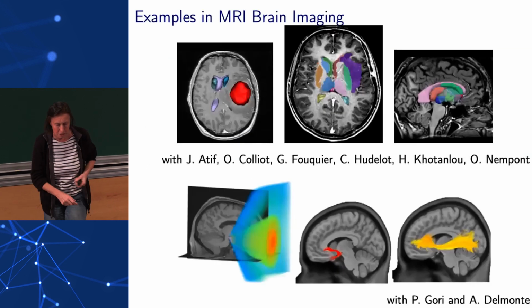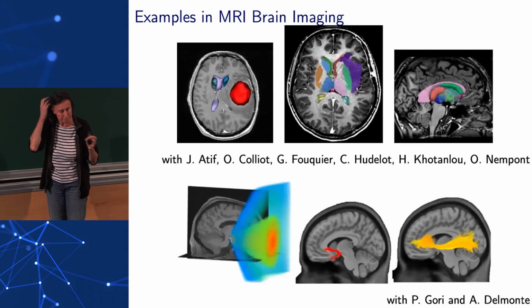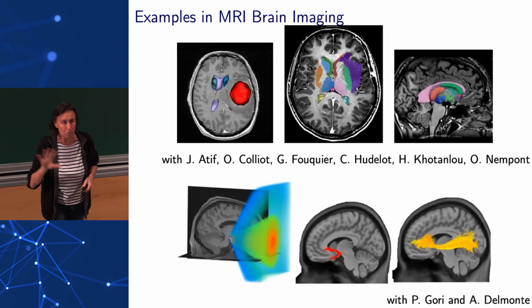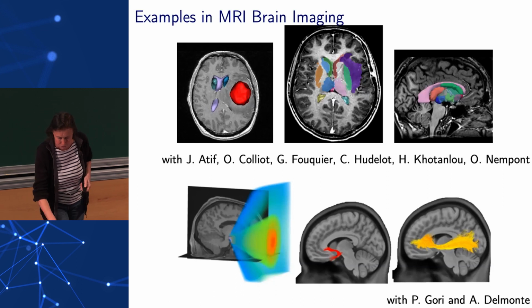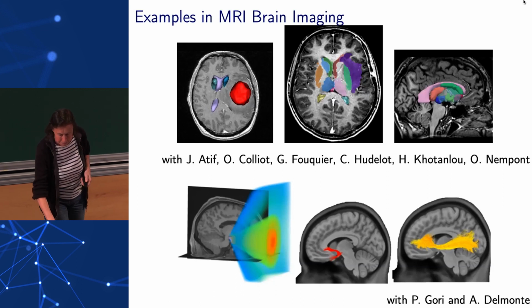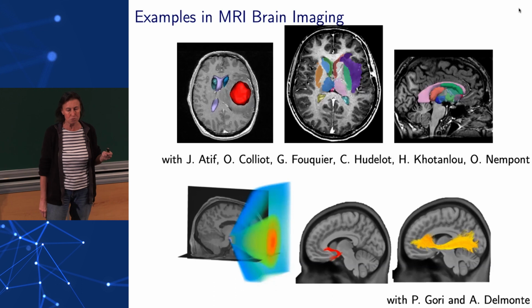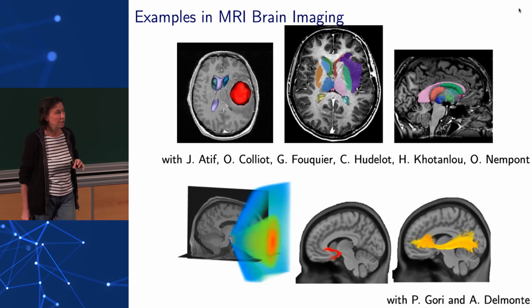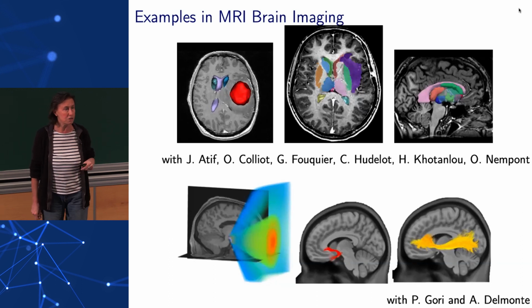So here are a few examples that have been done with many other people that are mentioned here, so I won't have time to thank all of them individually, but their names are here. And we use this idea to segment and recognize at the same time different structures in the brain, including pathologies, with different approaches.